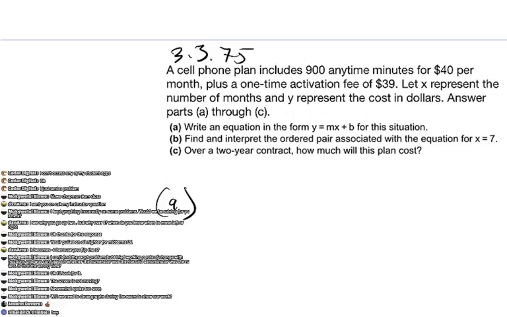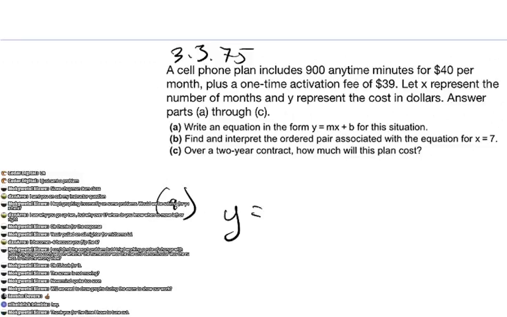So for instance, if it's the first month, you're going to pay the $40 per month. X is the number of months, plus the $39 activation fee. That's about the best I can do with this. That makes the most sense.